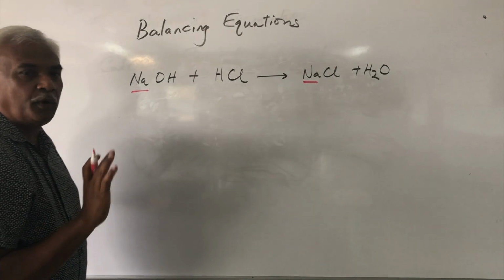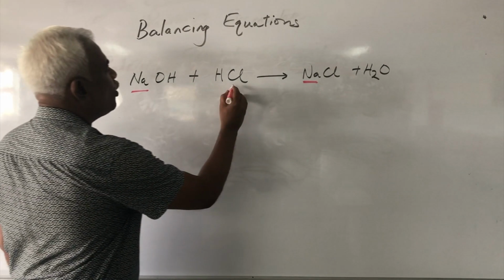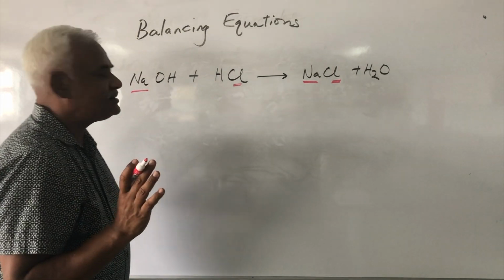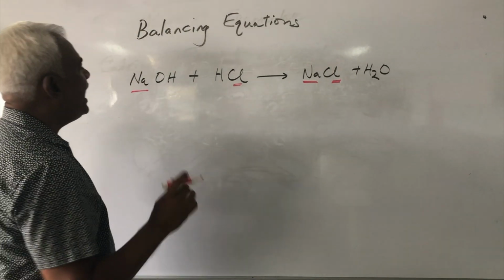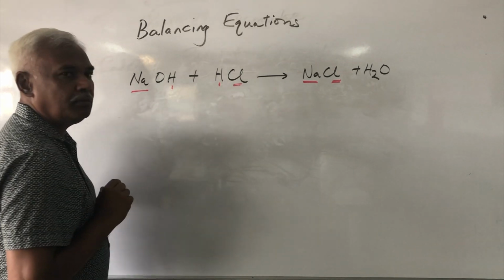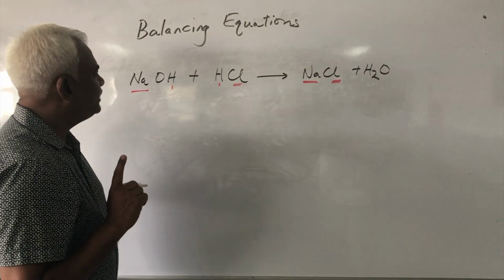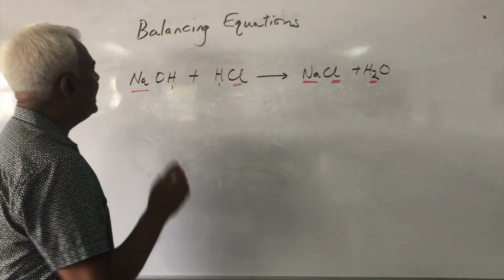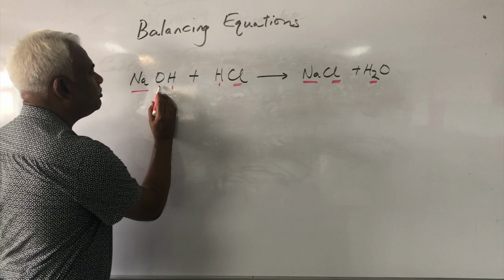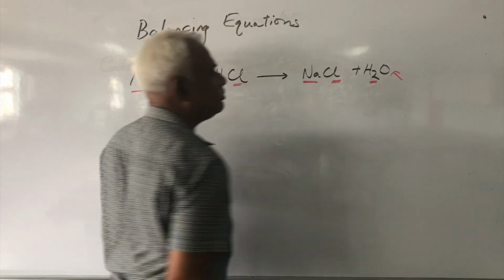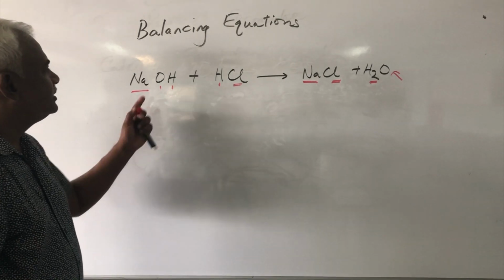That's pretty straightforward balance. I have 1 chloride, 1 chloride. Balanced. All right. I have 1 hydrogen plus another hydrogen. 1 plus 1, 2 hydrogens. And I have 1 oxygen. Look at here. Is it balanced? Well, yes, it is.